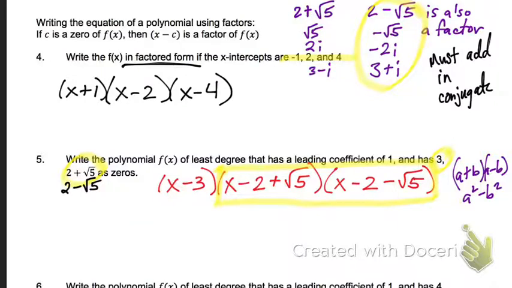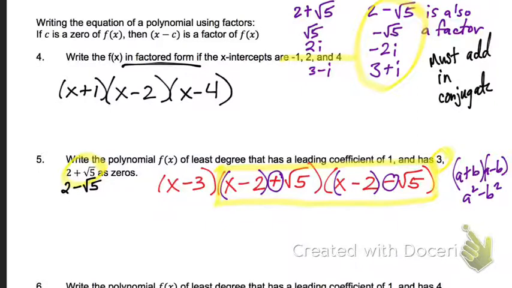Kind of like x plus 3, x minus 3 becomes x squared minus 9. These two parentheses right here are the same thing, where the plus and the minus come in. So x minus 2 plus root 5, x minus 2 minus root 5, where x minus 2 is my a, and root 5 is my b. Are y'all following me with that so far?